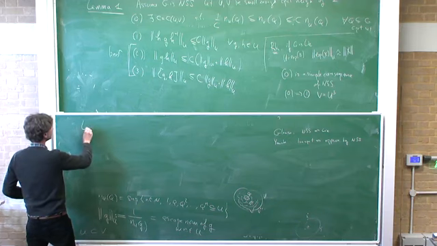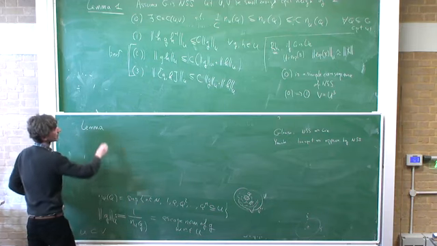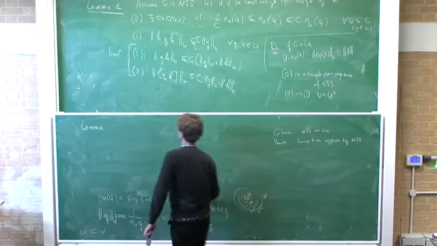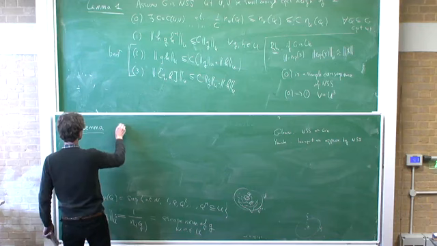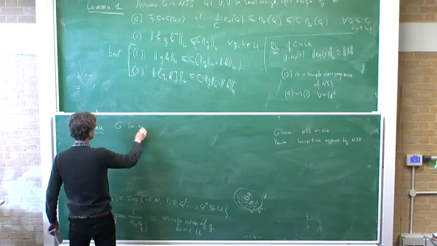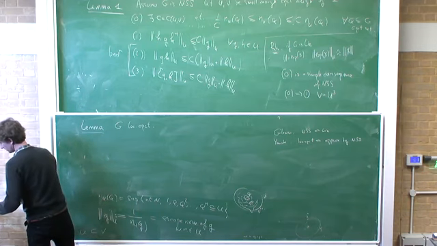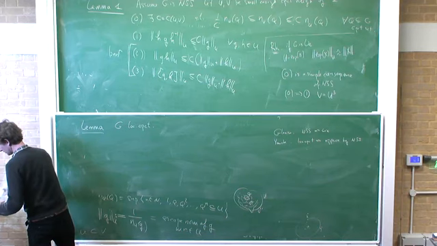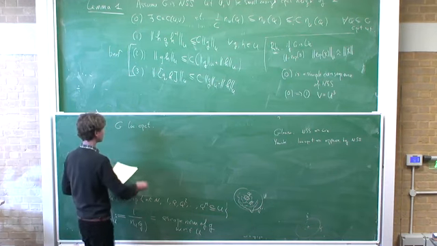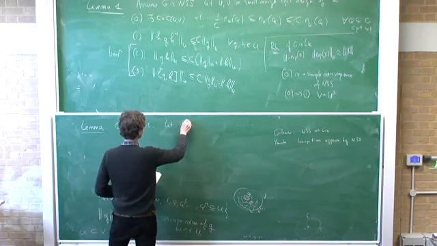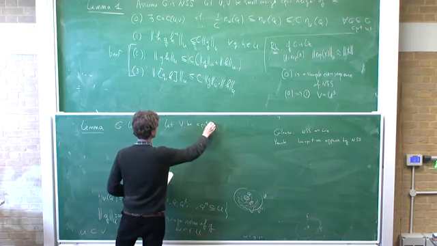So the second lemma is about the reduction to NSS. So G is just locally compact. Don't assume NSS. And the lemma says: let V be a compact neighborhood.